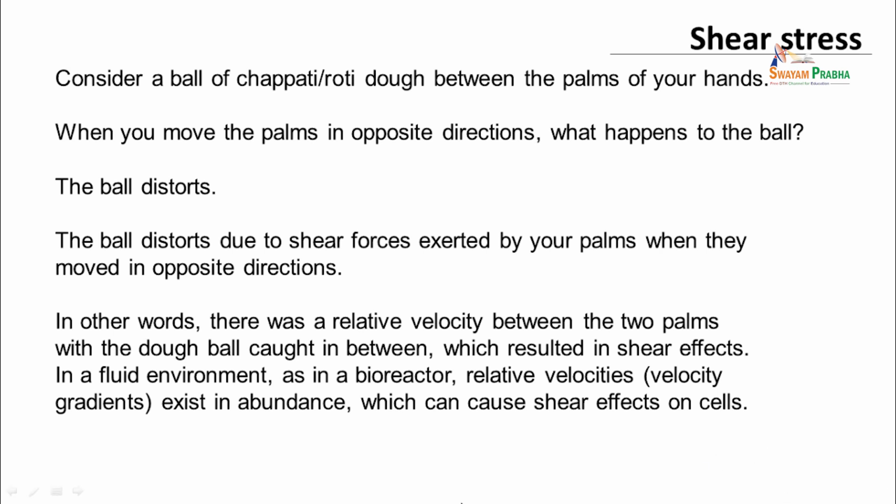As long as there are velocity gradients, there is going to be shear stress, and the cells are going to experience shear stress. So shear stress is a given in the case of a bioreactor environment, a fluid environment, where there are a lot of velocity gradients. The velocity gradients are brought about because the fluid is moving.